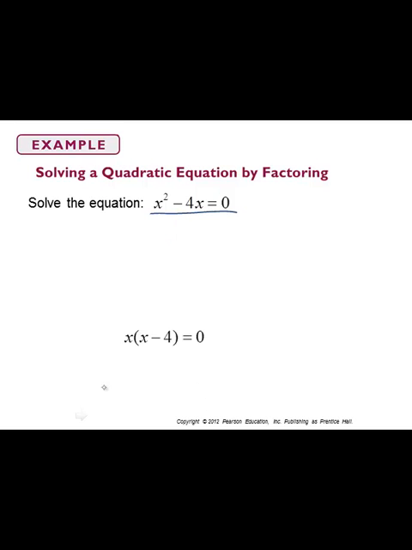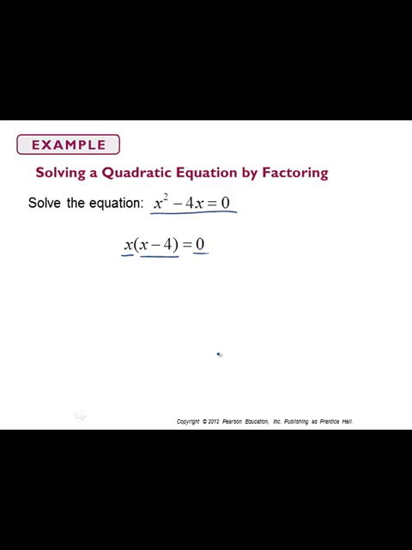Now, for this particular example, we can factor this as x times x minus 4, and then invoke the zero factor property. The zero factor property basically says if you have one factor times another factor equal to 0, then at least one of these 2 factors is equal to 0.